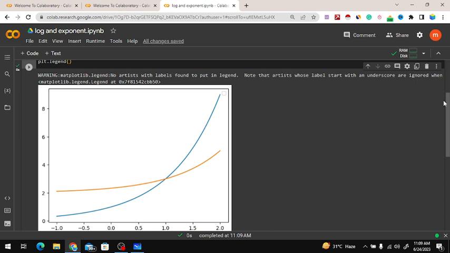It's our graph. So now we can also label something if you want to write anything more on this graph.